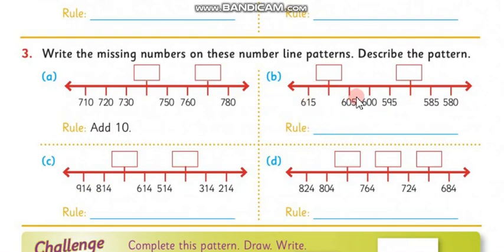Is it adding or subtracting, and by how much, is it increasing or decreasing? These three numbers are key, and they'll help you figure out what two numbers are missing in the number line. For the final two here, give them a go and try to figure out, first of all, what your rule is, and then fill in the missing numbers on the line.